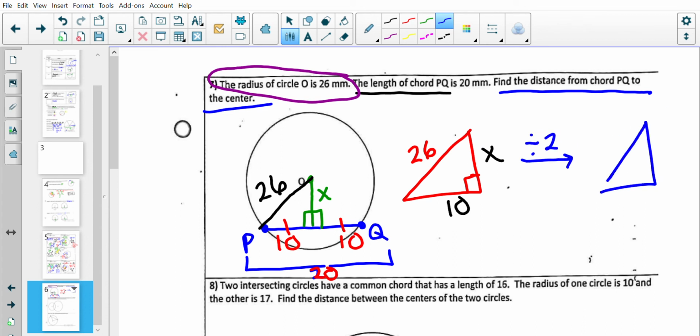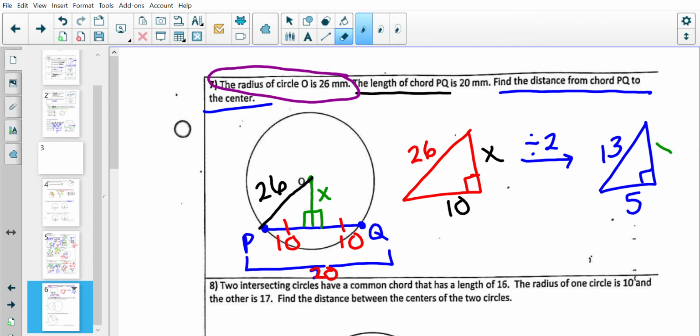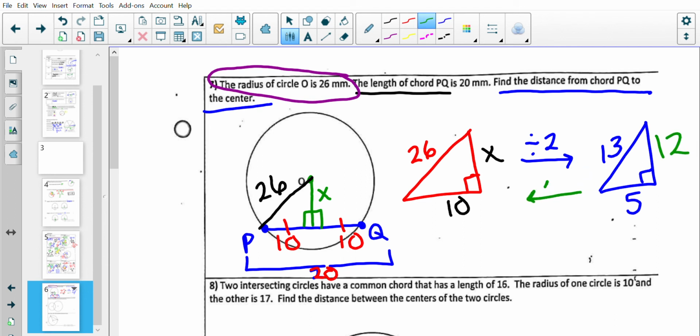When I reduce that triangle, I'm going to get a 5 and a 13. And we're going to call this side, well, actually, we don't have to call it anything, because it's a triple. Something 5, something 13. It is 5, 12, 13. Go back, we're going to multiply by 2. So X will be 24. So find the distance from PQ to the center. We're going to get 24 millimeters. Our answer.